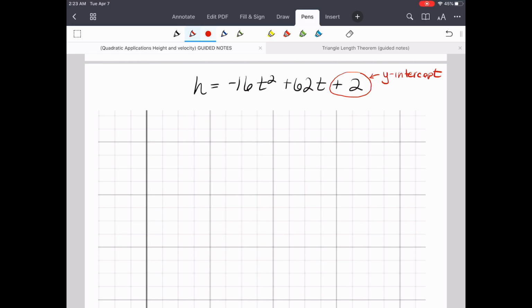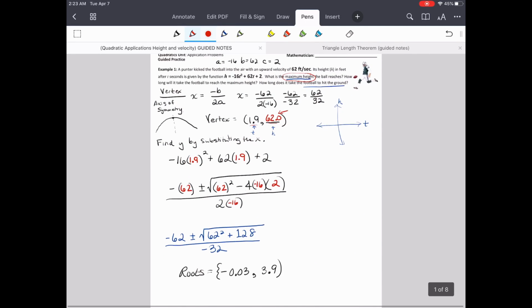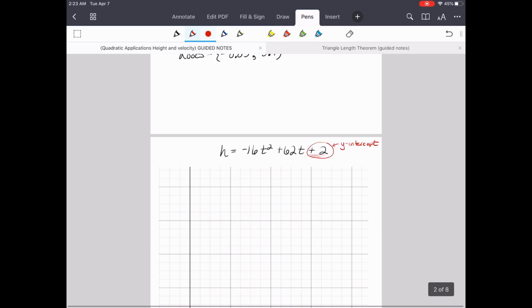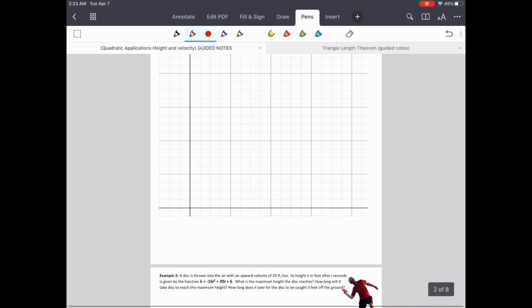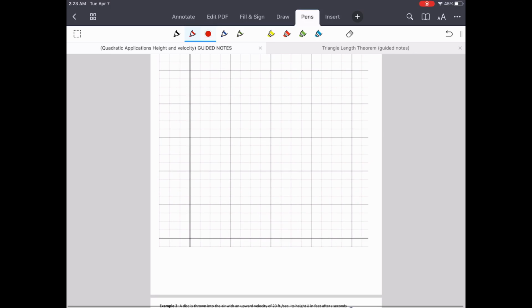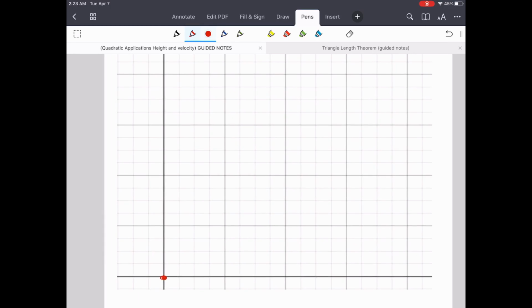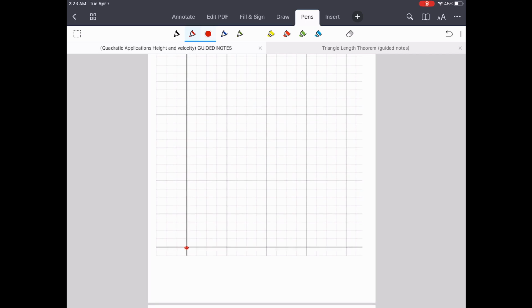That is where it goes through the y-axis, and that makes sense because this problem is talking about a football punter who's kicking the ball. Obviously, when you're kicking the ball, you're not going to hit it at ground level. You're going to hit it somewhere above ground level.